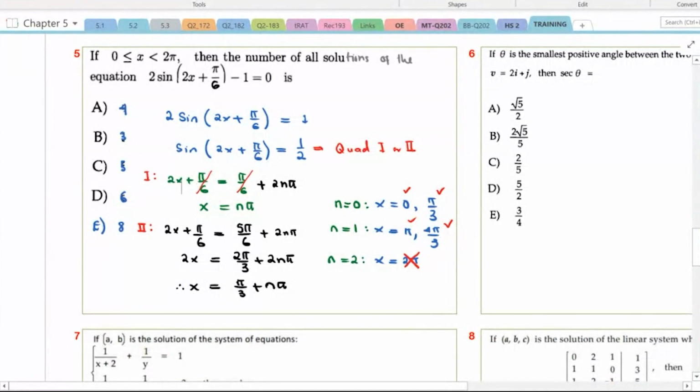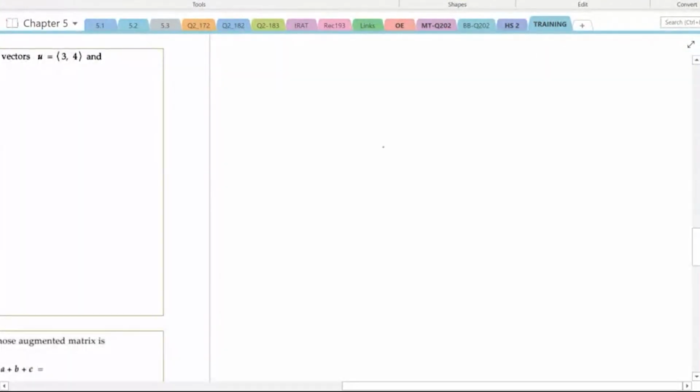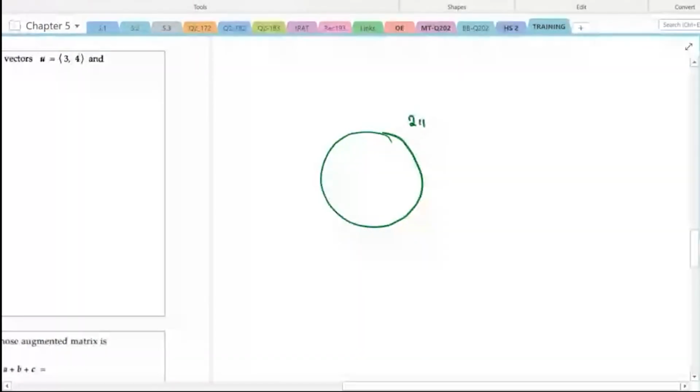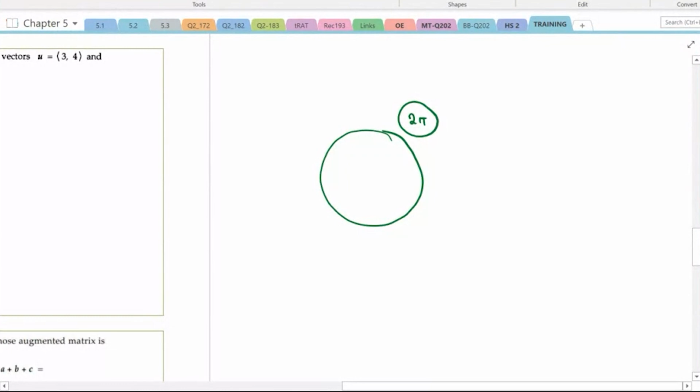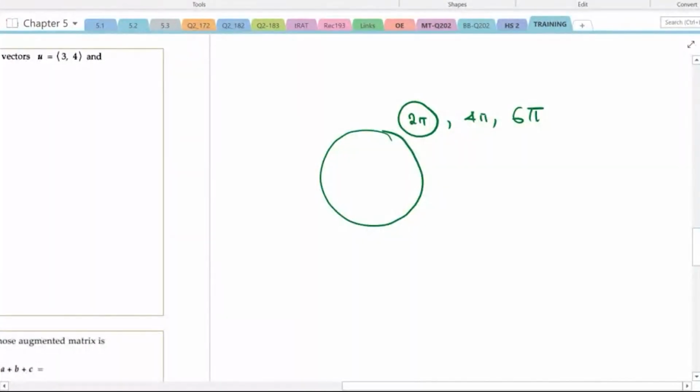No, I don't know, but for the general solution, the best practice is that when you go around the circle one time, this is going to be 2 pi, right? If I go again, that is going to be 4 pi. If I go again, that is going to be 6 pi, right?